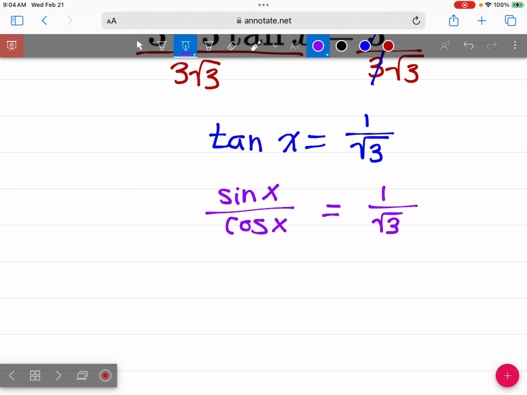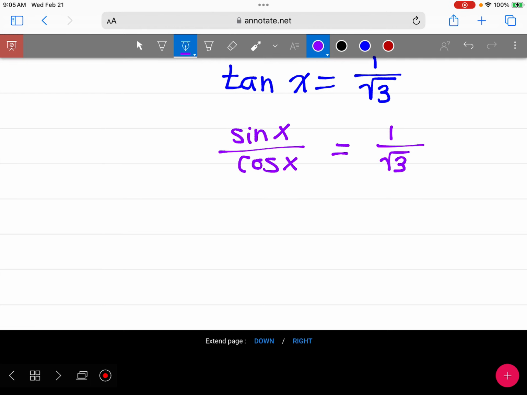So where on our unit circle do we have cosine with a square root of 3 and sine with a 1? Pi over 6.